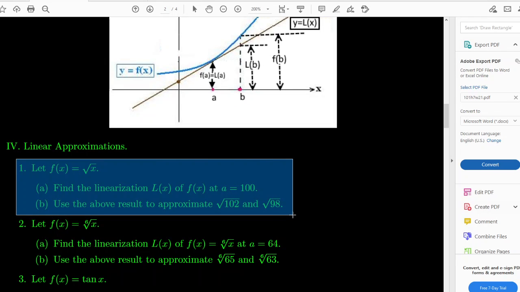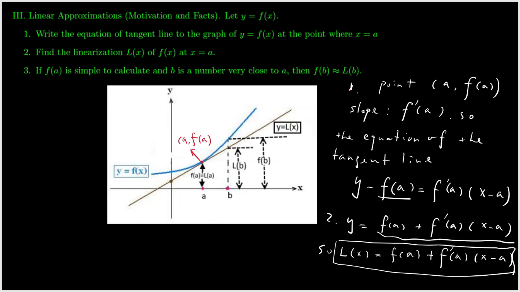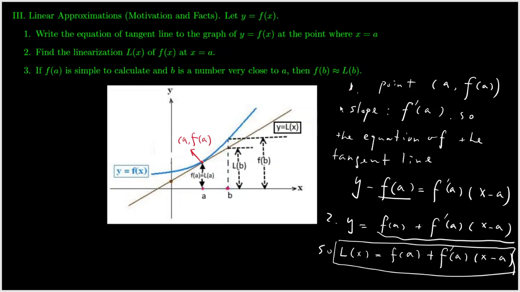Now let's go over one question using the formulas, and when we do question B, I'm going to make my point. Okay, showing you how to approximate some values of the functions. So any questions about this slide? Simple stuff.